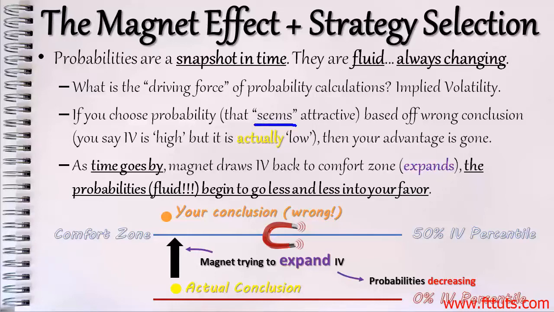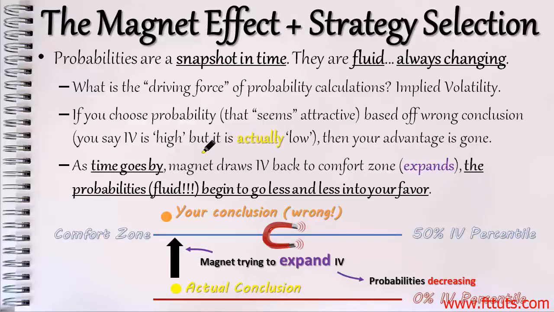You look at 130%, you say it's high, but it's actually low, and your edge is gone. As time goes by, the magnet is going to draw IV back to its comfort zone, in this case expanding it, and because the probabilities are fluid, they're going to go less and less in your favor.